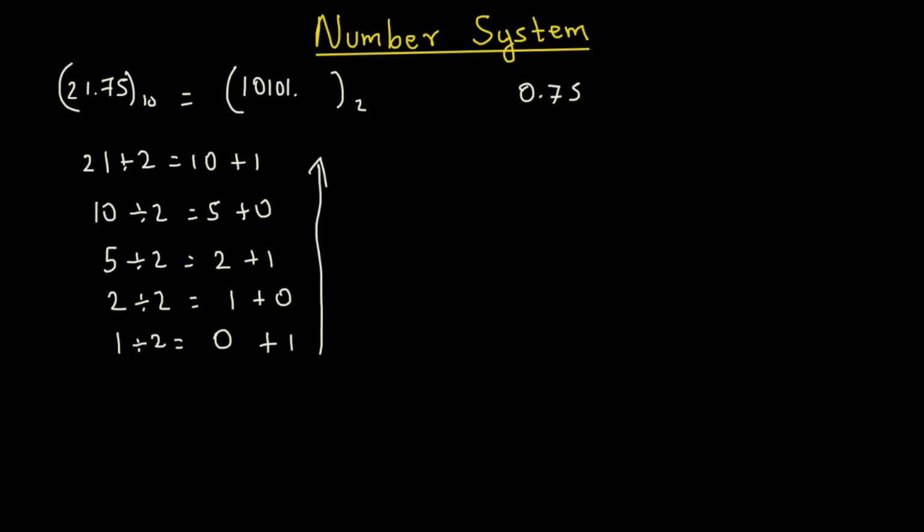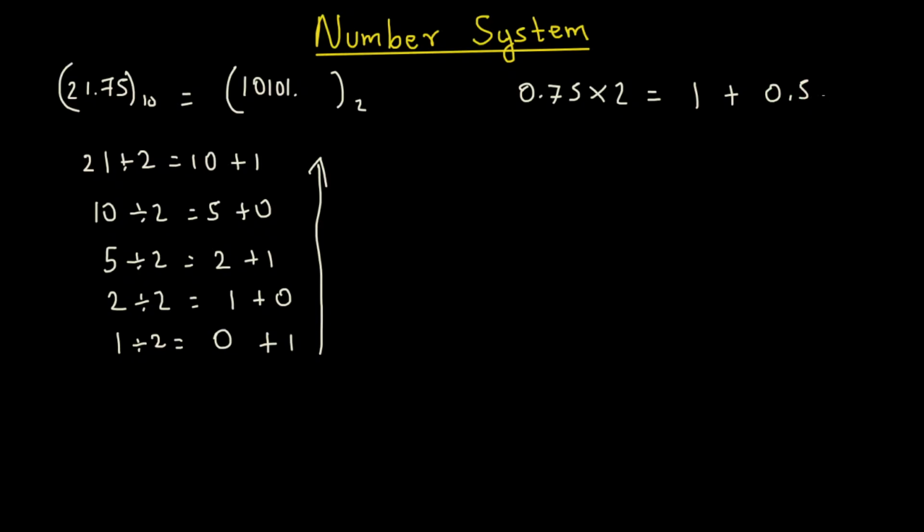For the fraction part we take it separately, 0.75, and we multiply this one by 2 until we get 0. Let's see how that happens. If you multiply 0.75 times 2, that is 1.5, so we take the 1 separately and put the 0.5 here.